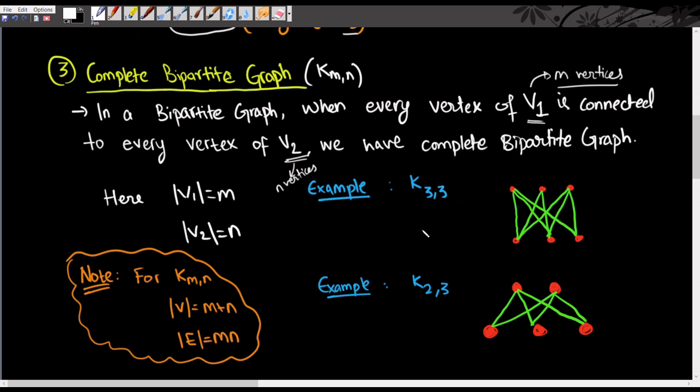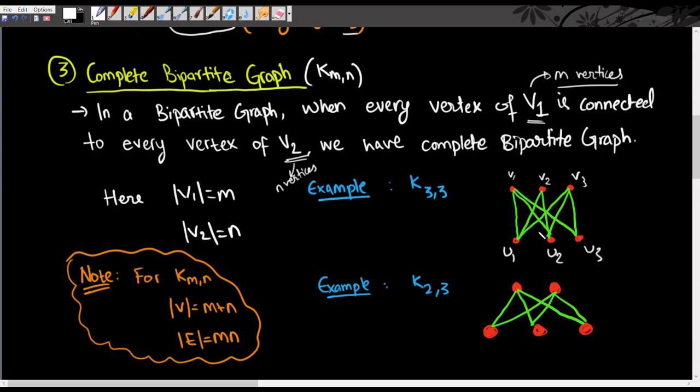The first one is K(3,3). We have two partitions of 3 vertices each, since it's a bipartite graph. Say these are V1, V2 and V3, and these are U1, U2 and U3. V1 is connected to U1, U2, U3, V2 is connected to U1, U2, U3, and V3 is connected to U1, U2, U3.